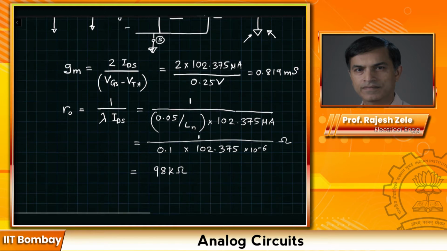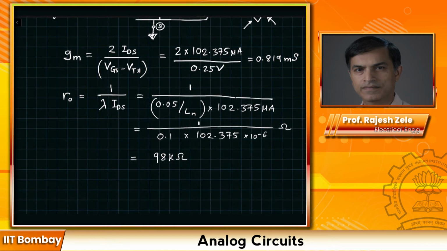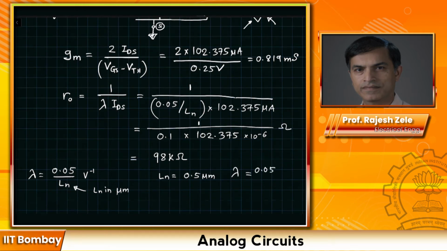One more point I want to reiterate is lambda is given by this equation, 0.05 divided by ln, in volts to the power minus 1, where ln is given in microns. So for example, if ln is equal to 0.5 micron, then lambda will be equal to 0.05 divided by 0.5, and that would be equal to 0.1 volts to the power minus 1.